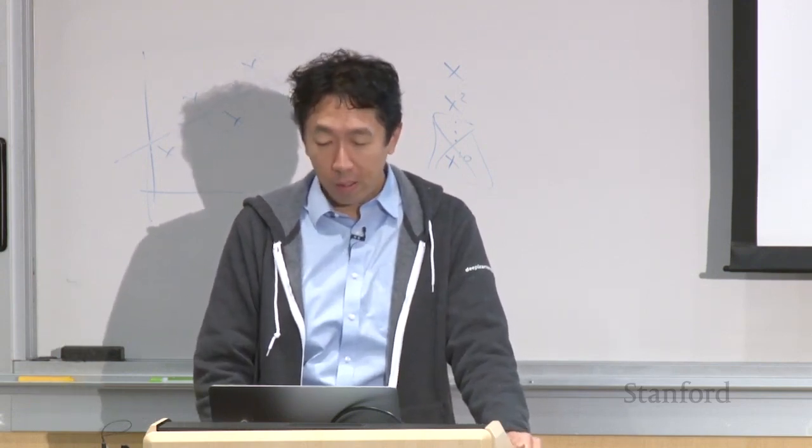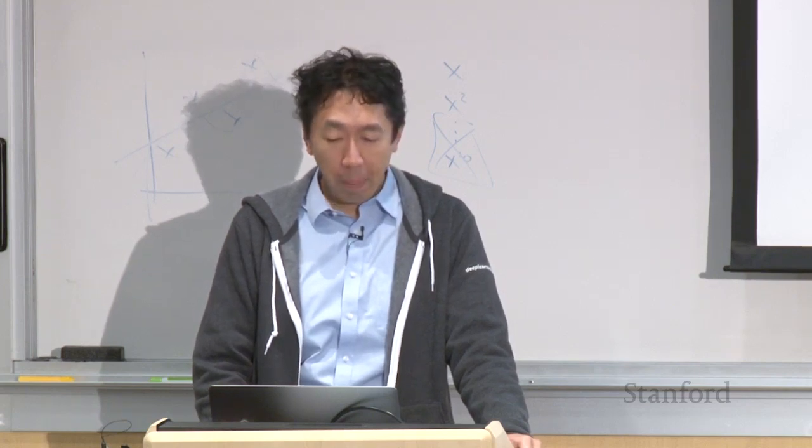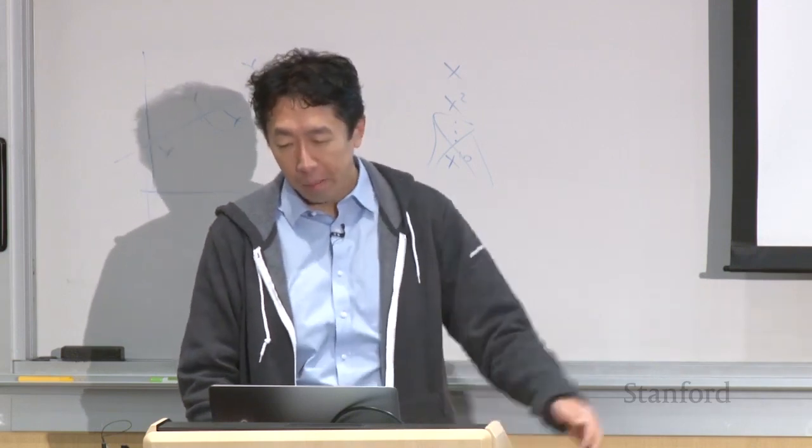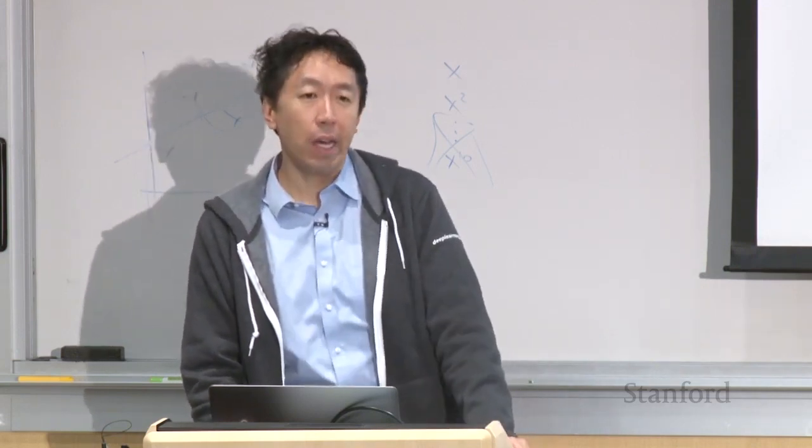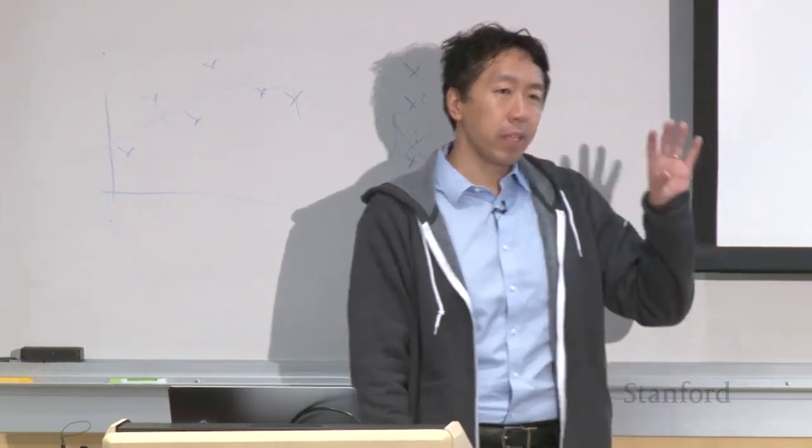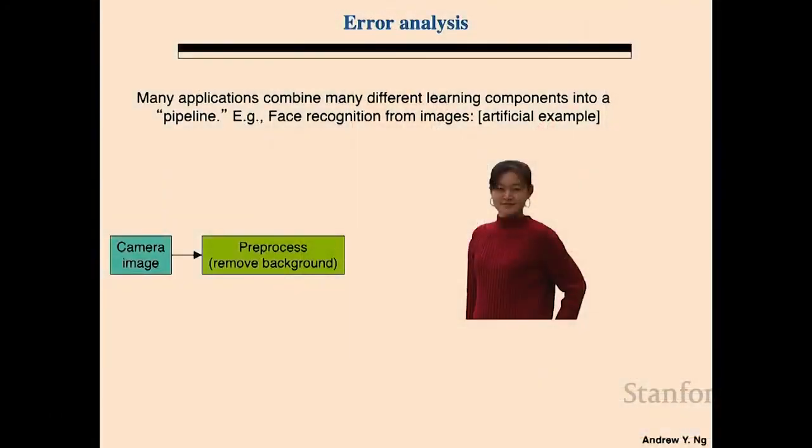Here's something you could do. You start with the camera image like this, and then you do pre-processing to remove the background. All that complicated color background, let's get rid of that. When you have a camera against a static background, you can do this with a little bit of noise, but relatively easily.